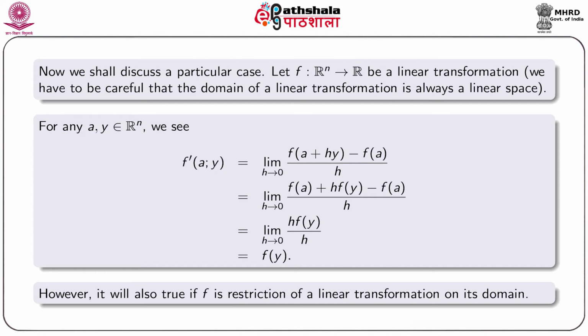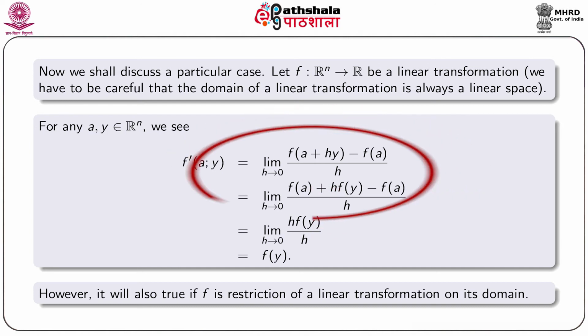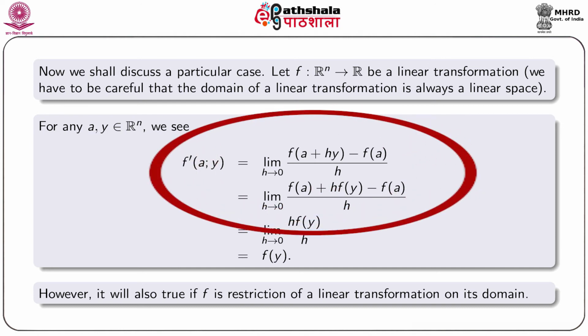Now, we are going to discuss a particular case. Let f be a linear transformation defined on R^n. We have to be careful whenever we say linear transformation, its domain always has to be a linear space. Now, we select any y in R^n. We are trying to find f'(a, y).